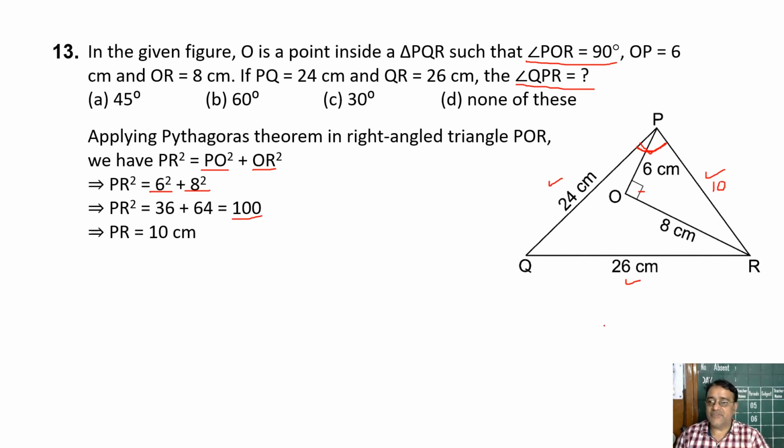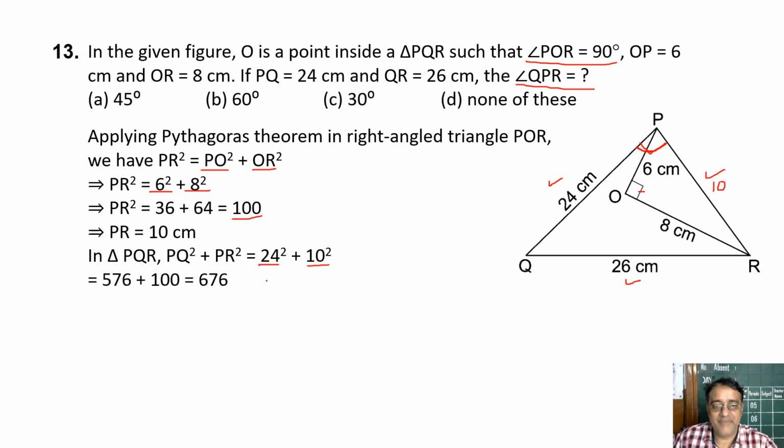Now in triangle PQR, PR square plus PQ square, that is 24 square plus 10 square. 576 plus 100, that is 676. And what is the square of 26? 676.